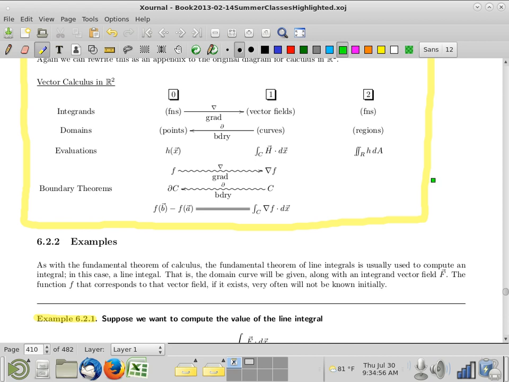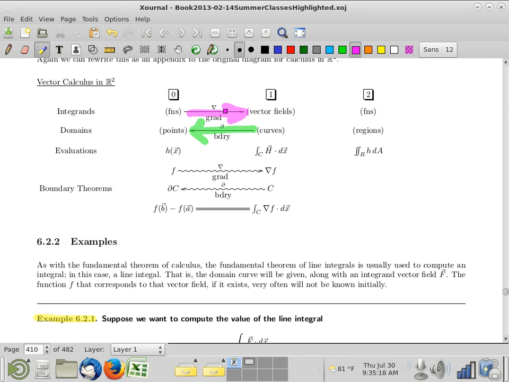One last thing, let me say. The way this shows up, if we sort of fill this in on our diagrams that we've been developing, the idea is that if you have a curve and you look at its boundary, we've now found a complementary sort of operation. Namely, if you have a function, you can compute its gradient field.